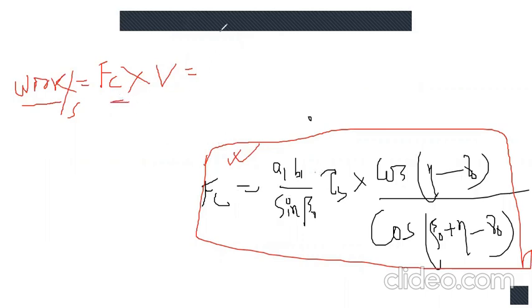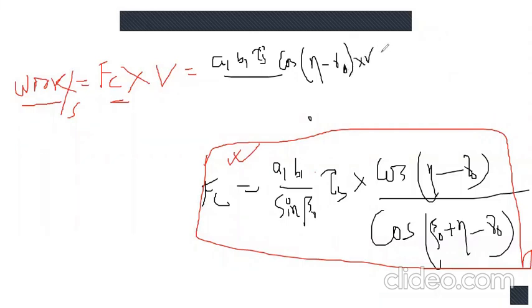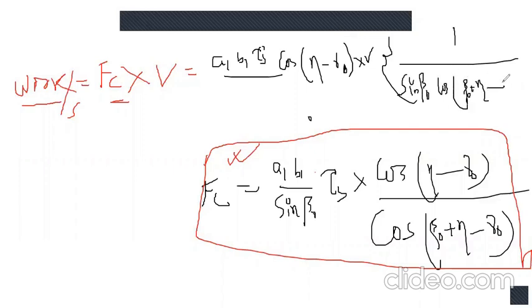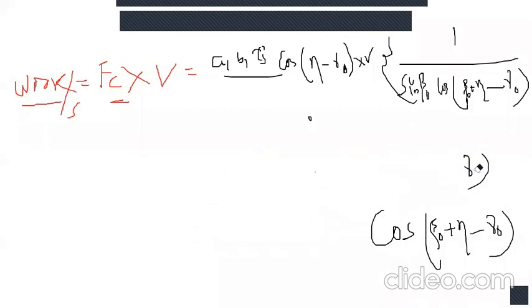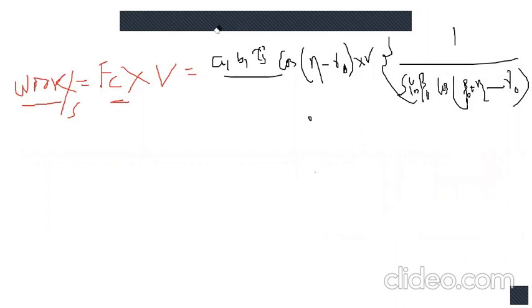Now putting here, Fc value is A1 B1 tau s cos of eta minus gamma naught into V, 1 by sine beta 0 cos beta 0 plus eta minus gamma. Now power equals to this expression.